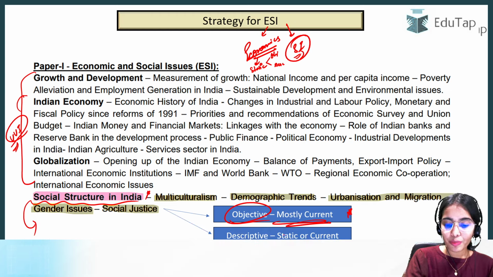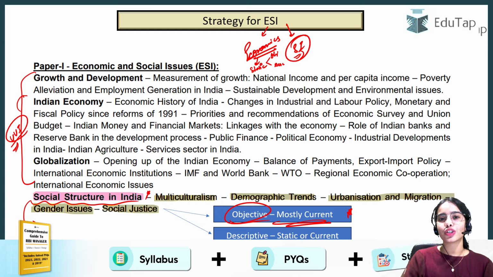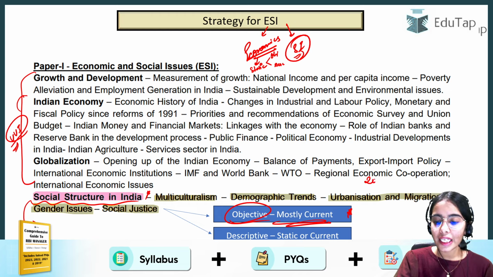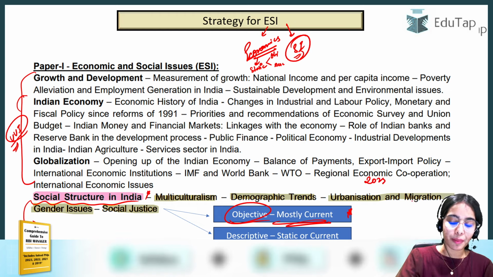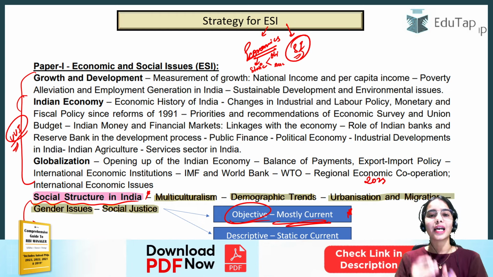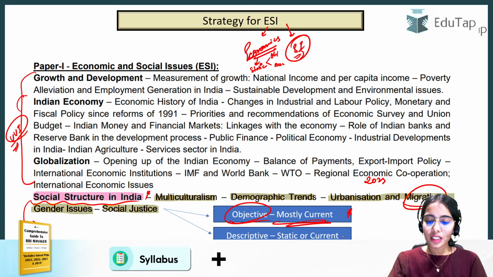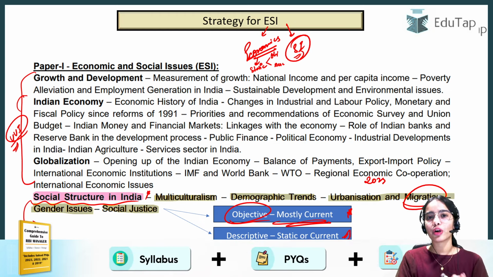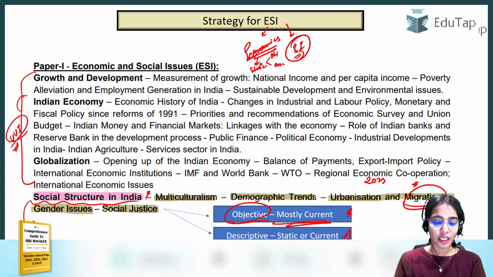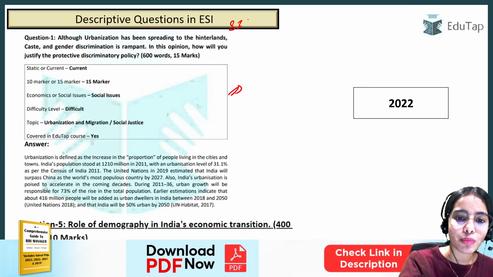Now in the descriptive, the static questions can come from the social issues, or the current based questions can come from the social issues. Like in the 2023 RBI Grade B examination, we have seen a direct question regarding a report that was based on migration. So you can understand that the current based questions can also come from the social issues, but for that you need to have the basic understanding of migration. In the descriptive part, the static questions can also come from the social issue segment.